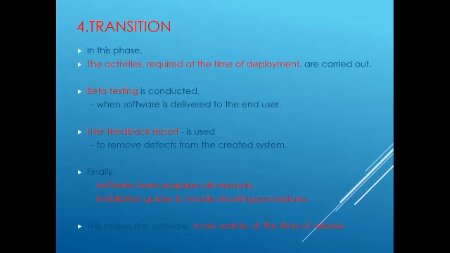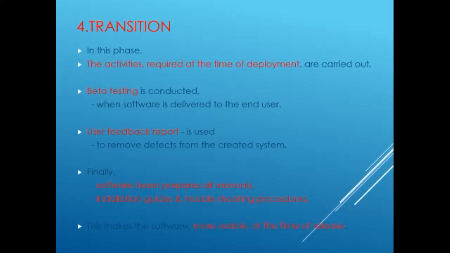Fourth one is transition. In this phase, the activities required at the time of deployment are carried out. Beta testing is conducted in this transition phase, where, when the software is delivered to the end user, a user feedback report is used.